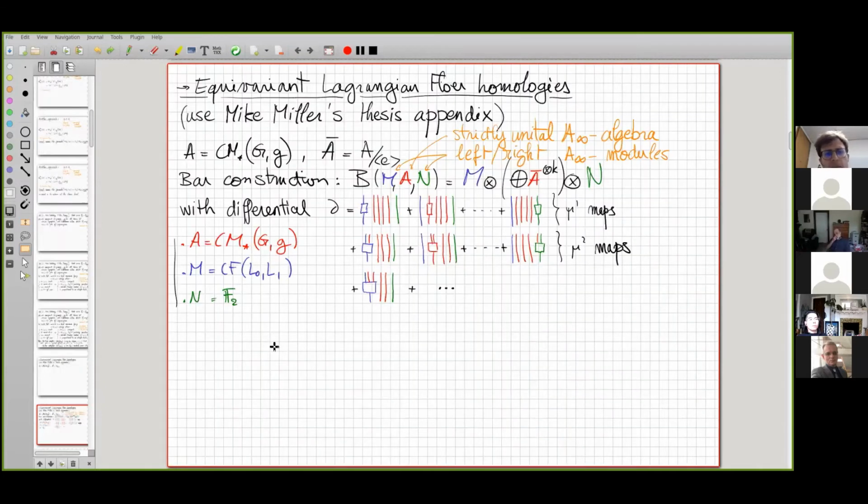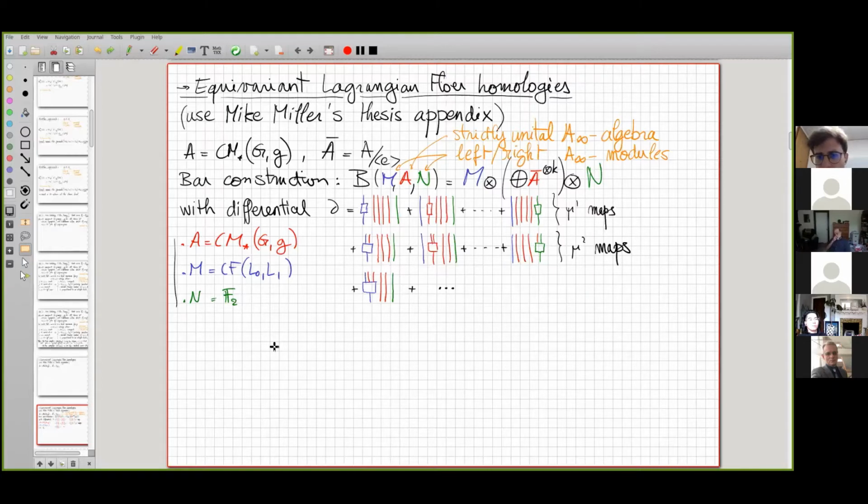In this setting, you can produce a bar construction if you have an A-infinity algebra and left and right A-infinity modules over it. You can produce a new chain complex. That's the bar construction, and roughly the differential in this thing is a sum of terms that looks like this.